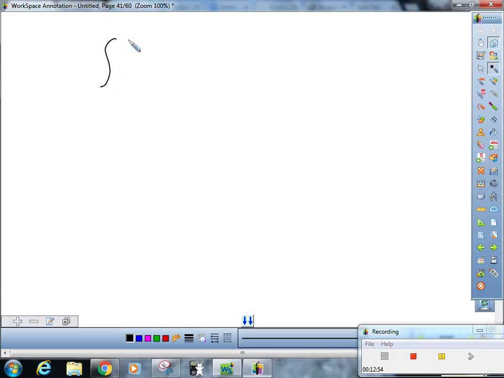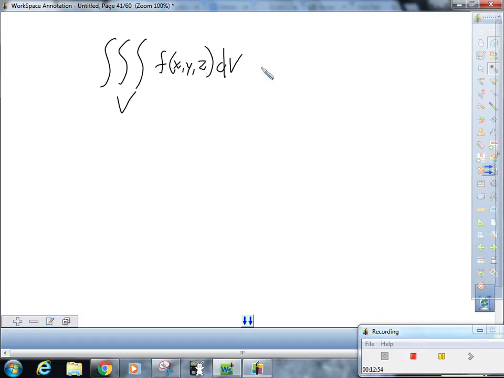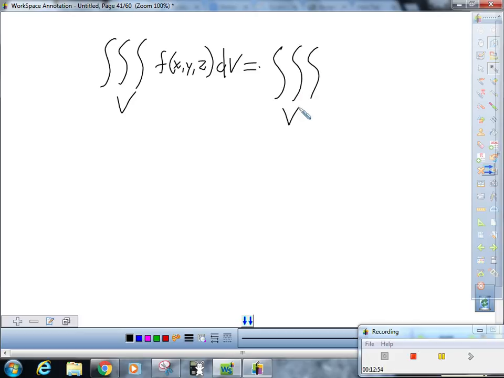So, remember before you used to have an R down here, and that stood for region? Well, now it's volume. It's not exactly the same thing, okay? All right, here's your Jacobian. I'll change colors. It is rho squared sine phi.